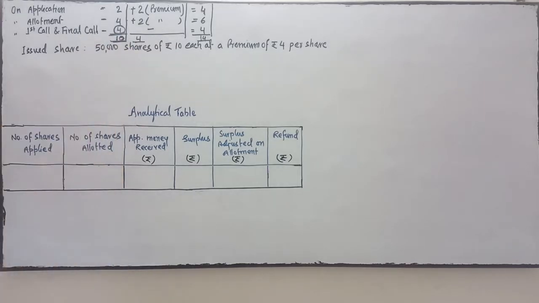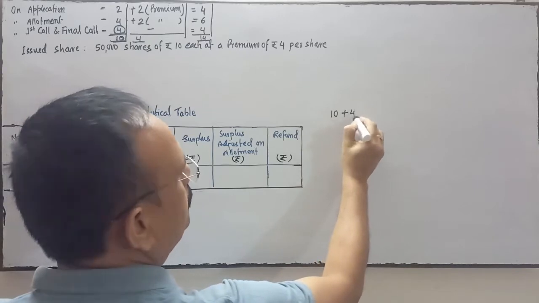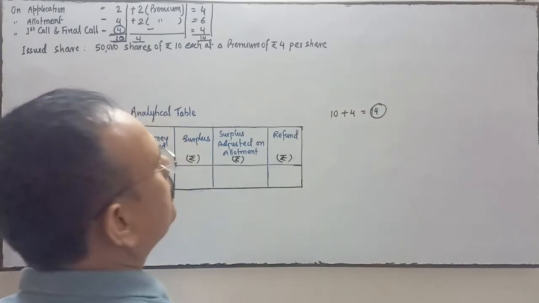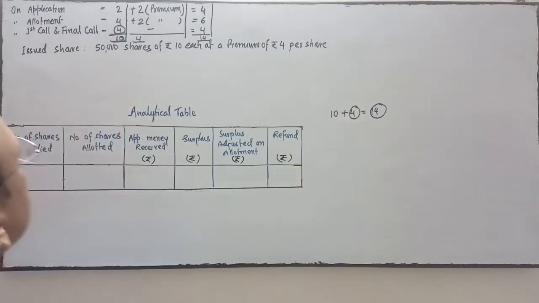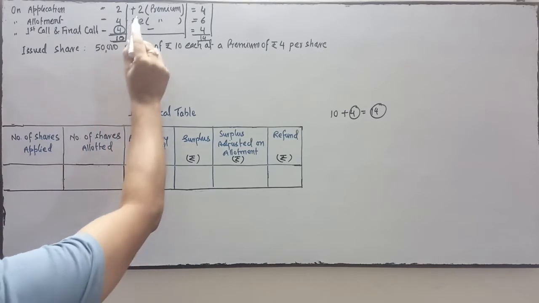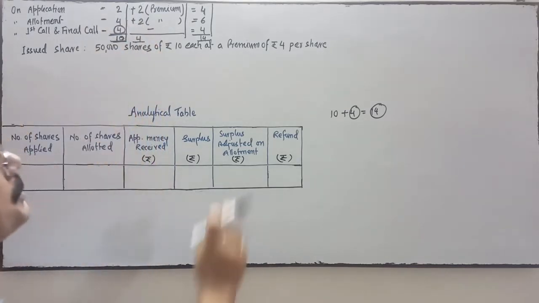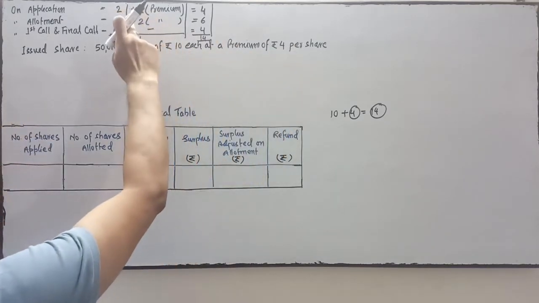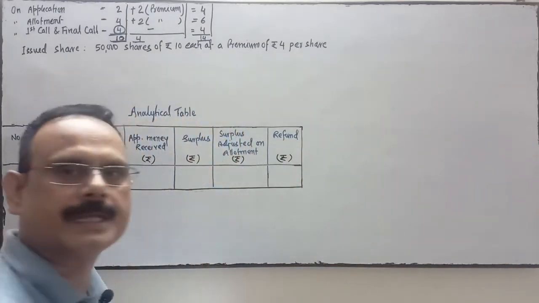So a 10 rupees share is issued at a premium of 4, so it is issued at rupees 14 per share. This 4 rupees premium the company is taking in two places: on application 2, on allotment 2.